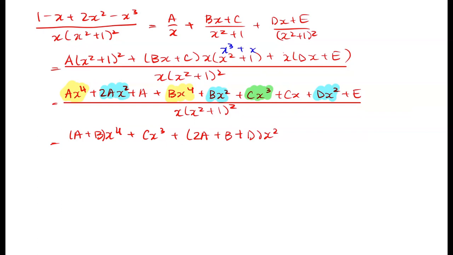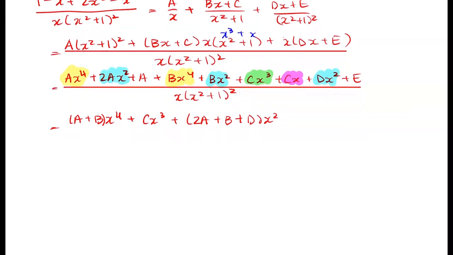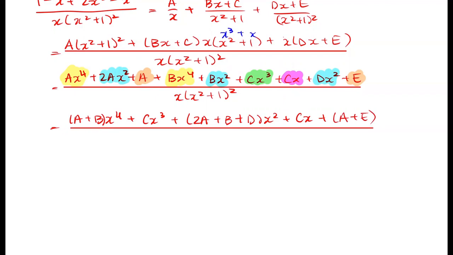And then for the fourth one, we would just have the cx here. And then for the constants, we have the a and the e. All of this is divided by x times x squared plus 1, squared.